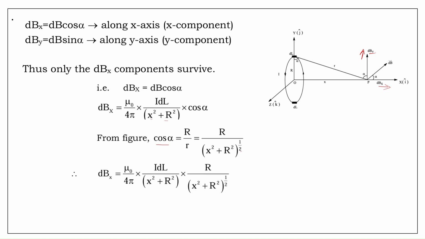Substituting in the above equation, we get dBx is equal to mu naught by 4 pi into I dl by x square plus r square into r by x square plus r square to the power 1 by 2. On simplifying, dBx is equal to mu naught by 4 pi into I dl r by x square plus r square to the power 3 by 2.